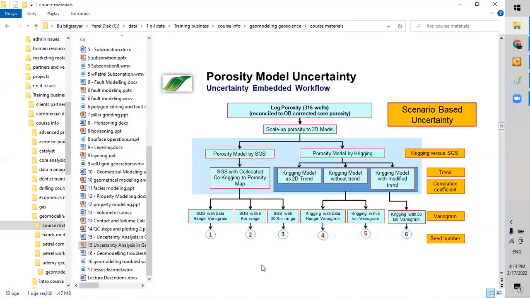If you want to rank the 6 cases, number 1 is giving you this, number 2 is giving you this, number 3 is giving you this, so you can sort them. You can tell this one is the high case, this one is the low case. What is the result? 4.